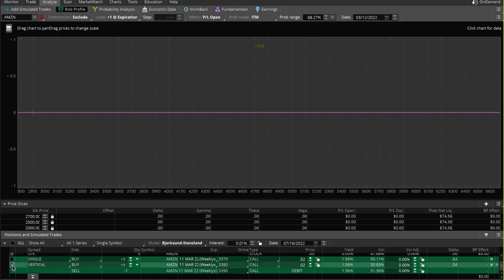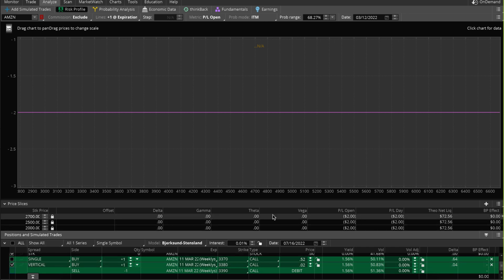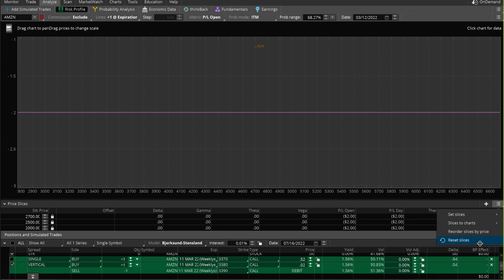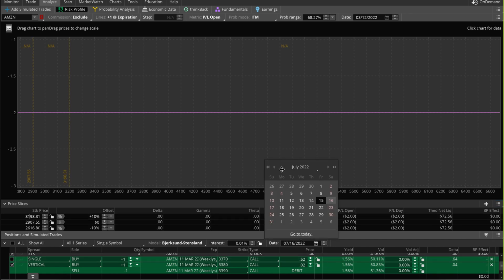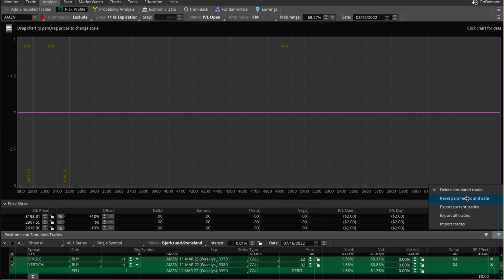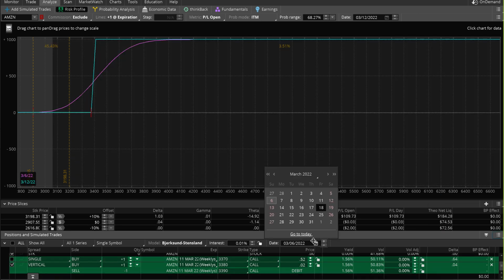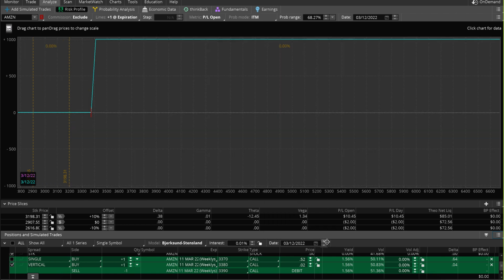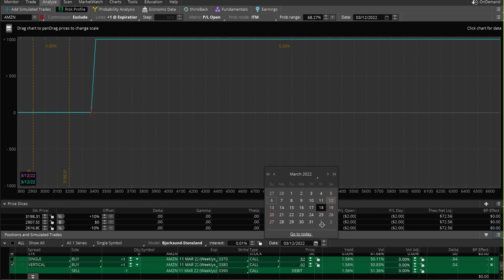First thing you want to look at, let's throw in some crazy scenarios. Let me reset the dates and parameters, and let's start with the 12th.